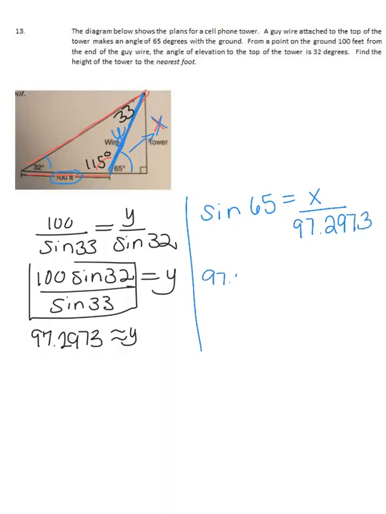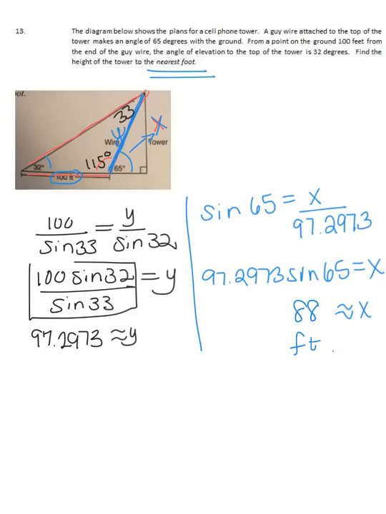Cross multiply. And this is what we're going to round to the nearest foot, which is 88 feet. So the height of the tower is 88 feet.